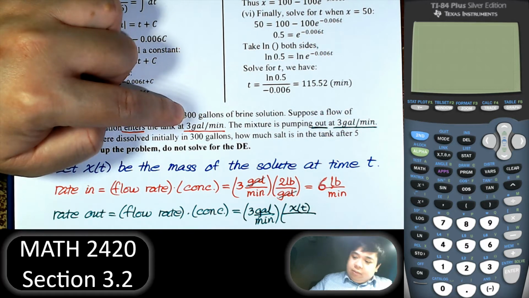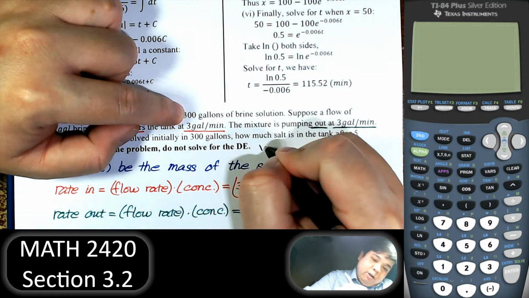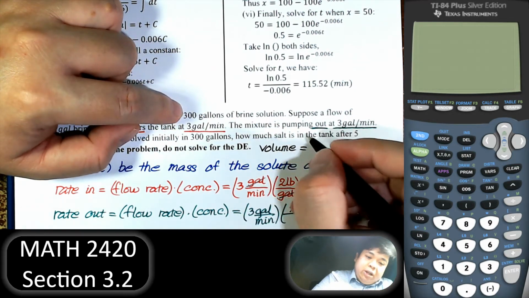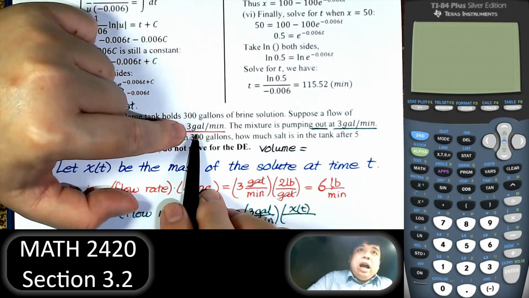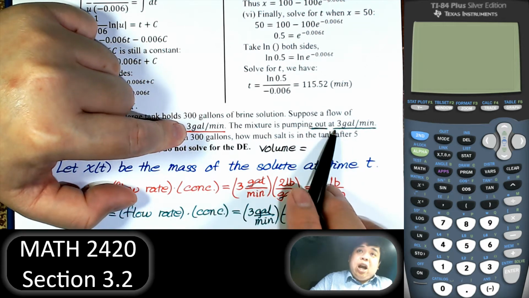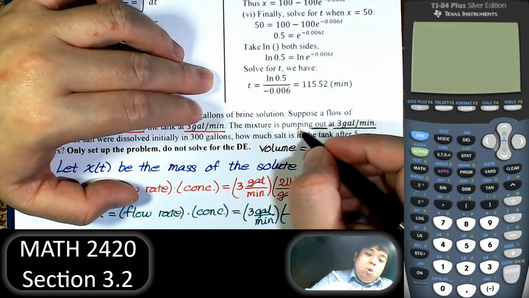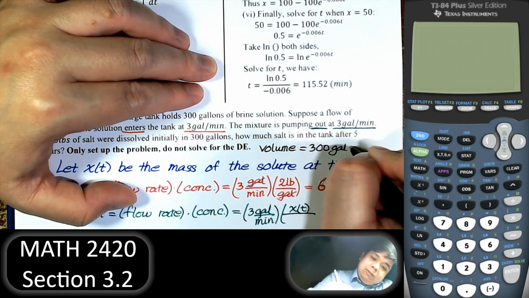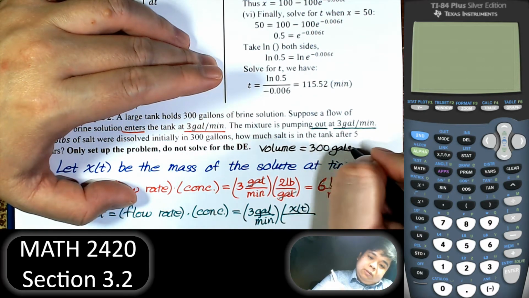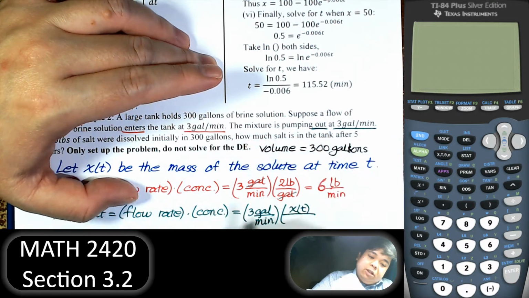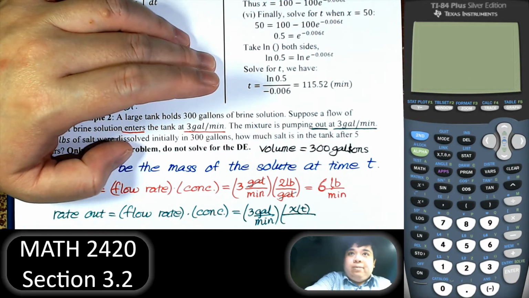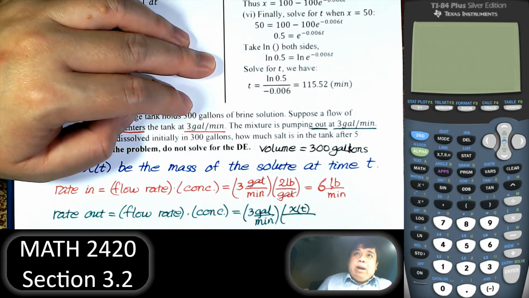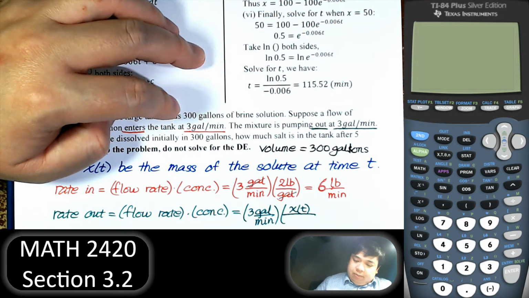So what will be the volume? Originally, we have to worry about the volume. Originally 3 gallons per minute coming in and 3 gallons per minute coming out. So it's always 300 gallons, because the amount coming in is equal to the amount coming out.